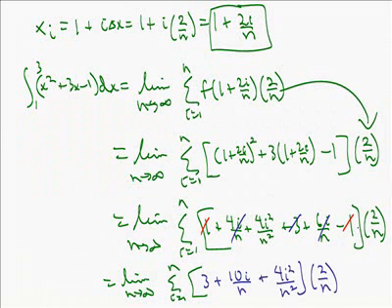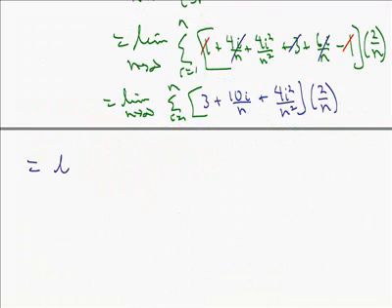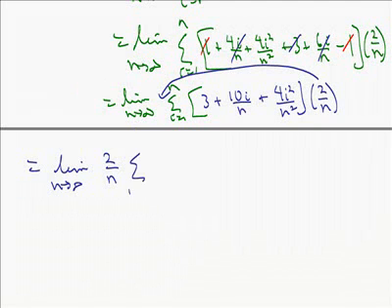So this is equal to the limit as n goes to infinity. Now the 2 over n we can just bring out front because there's no i's in that. So I have a 2 over n times the sum, i goes from 1 to n, of 3 plus 10i over n plus 4i squared over n squared.